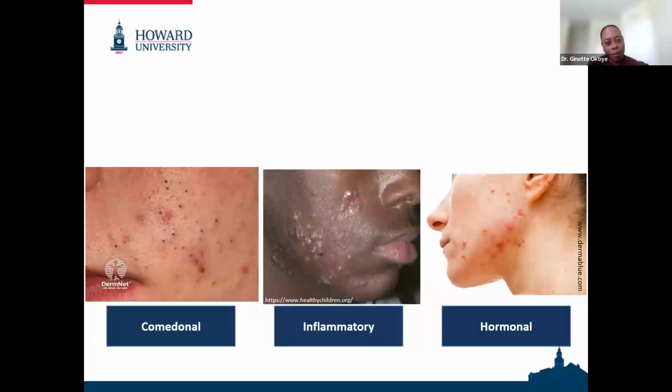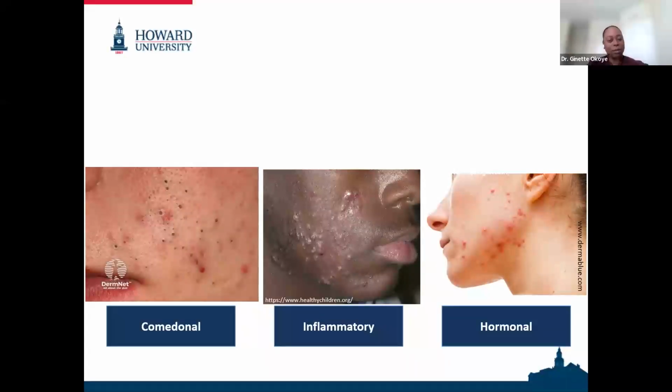And then the third type of acne is a very specific type. It's called hormonal acne. Hormonal acne tends to affect young to middle-aged women from about 25 to about 50, 60 years old. They typically will be pretty distressed because they'll say, I never had acne as a teenager, and now here I am with acne. But that's typically who gets hormonal acne.